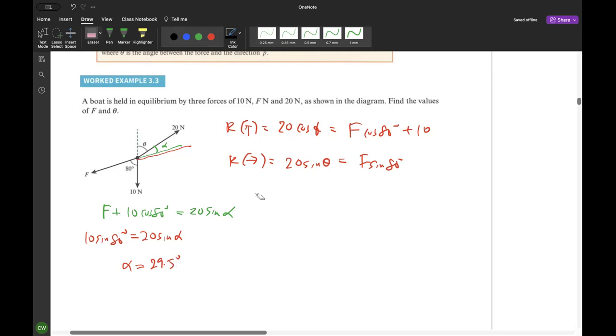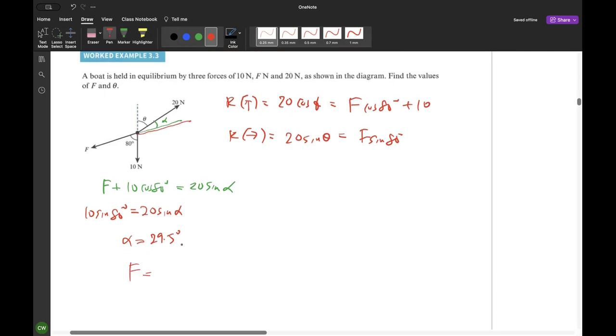So this is the alpha. After that you can find the F easily. F will be 20 sin of this angle minus this. Then you can straight away find the value of the F. 8.1.